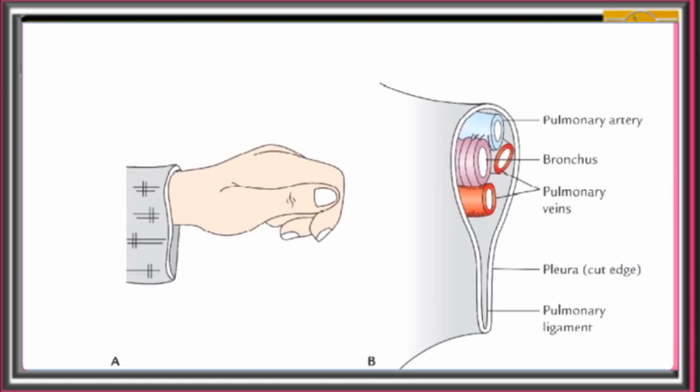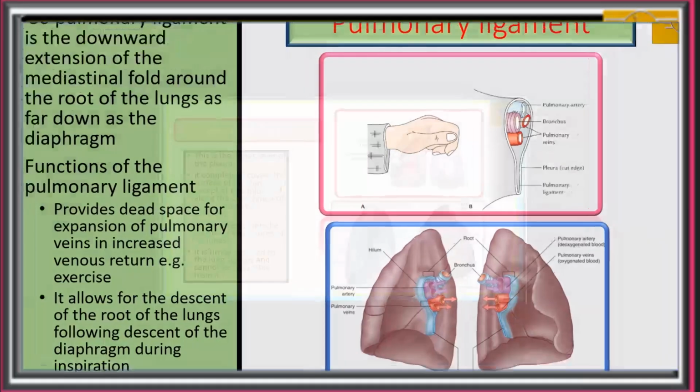In this illustration, here is the pulmonary vein, and then there will be need for expansion of this vein during increased venous return, like in exercise. So this will create that potential space for this expansion. Then number two, it allows for the descent of the root of the lungs, that is this structure, following the descent of the diaphragm during inspiration.